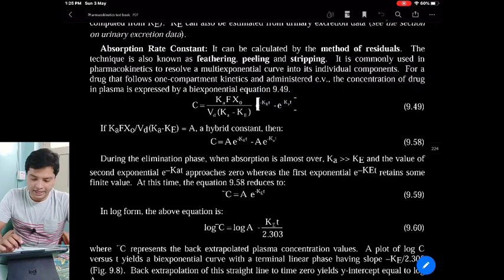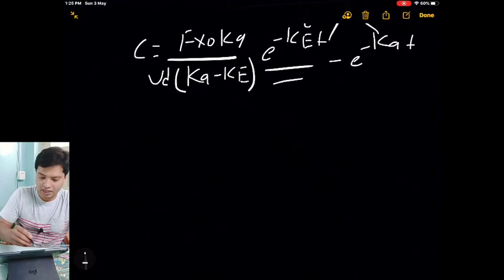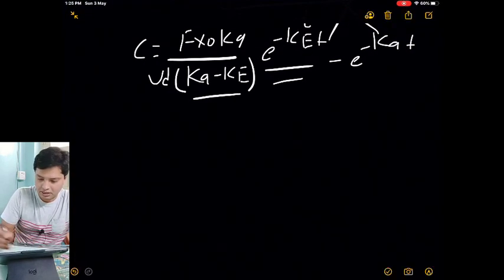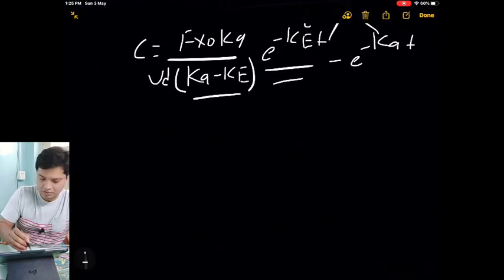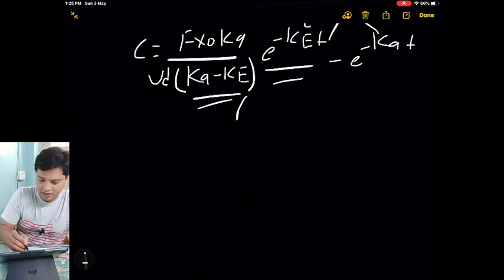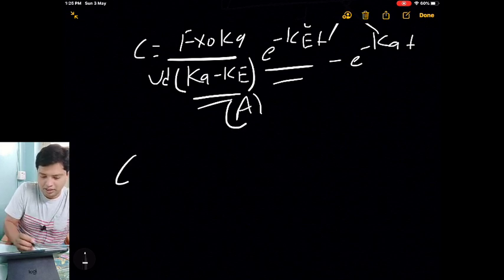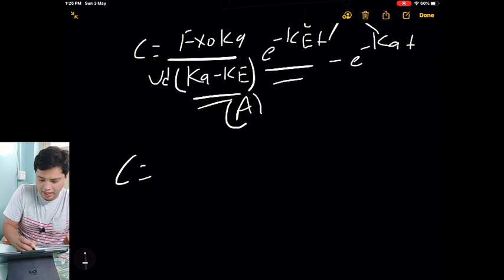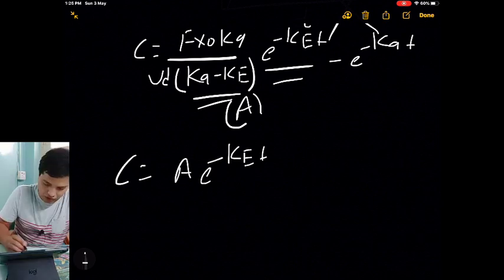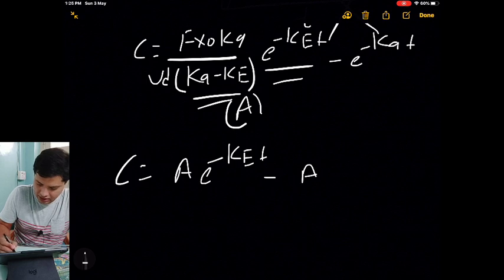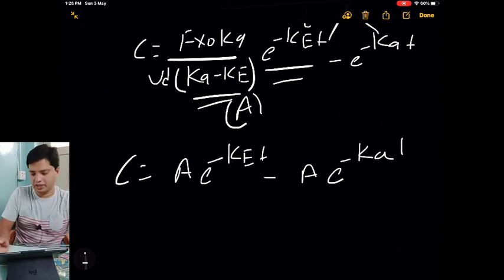This is the equation. We have multiple exponents. Now in the above equation, consider the remaining part as A. So your equation will come down to A e to the power minus Ke t, and that A will be multiplied for both, so minus A e to the power minus Ka t for the absorption rate constant.